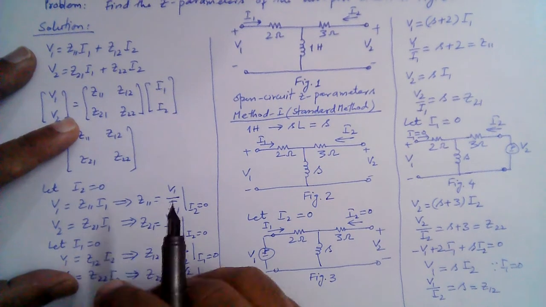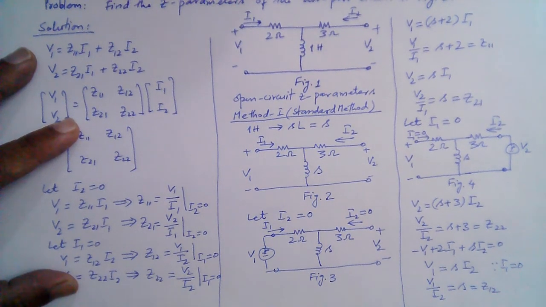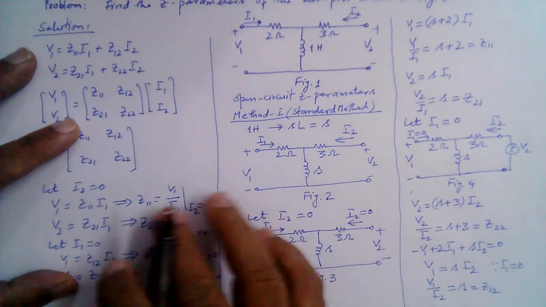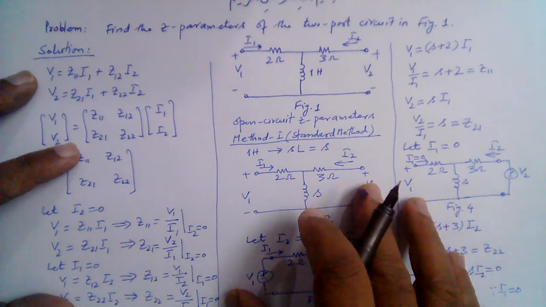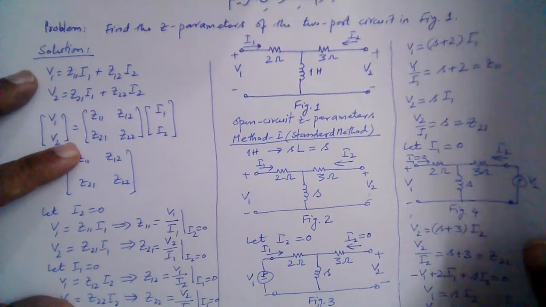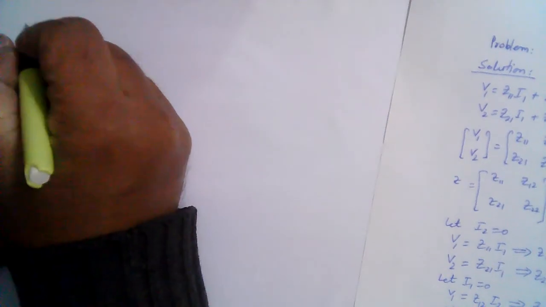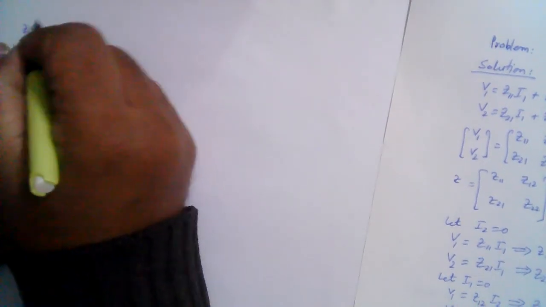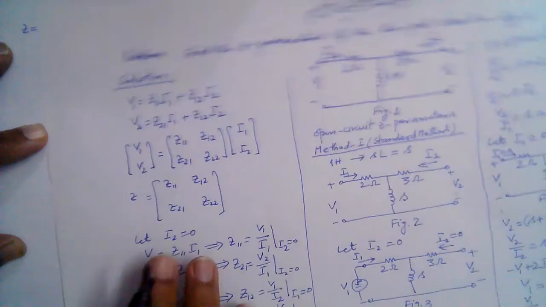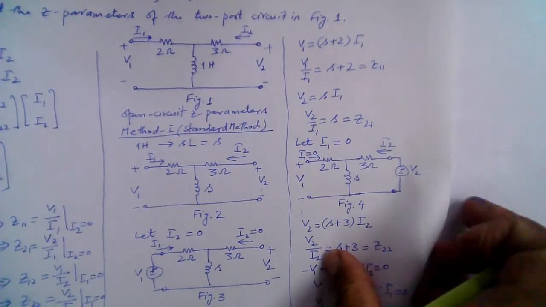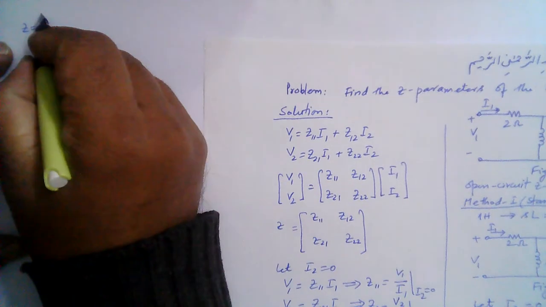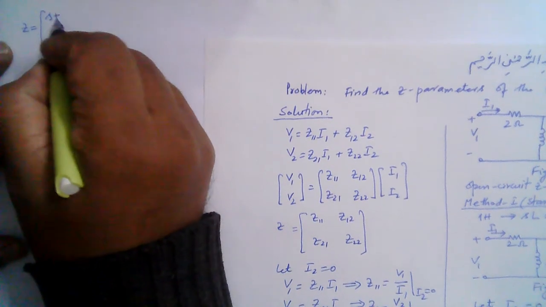So we have determined all the 4 parameters using our standard method. Let me summarize them and write them in matrix form. Z is equal to: the first parameter Z11 was found to be S plus 2.